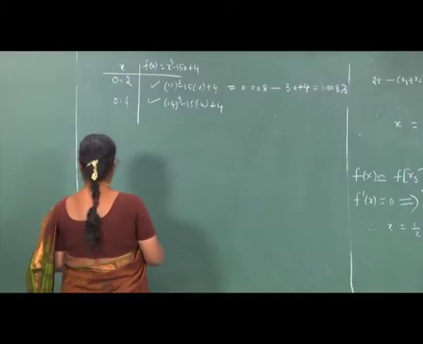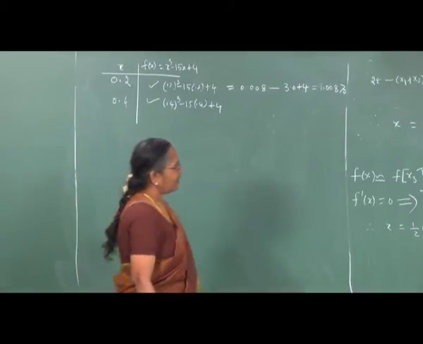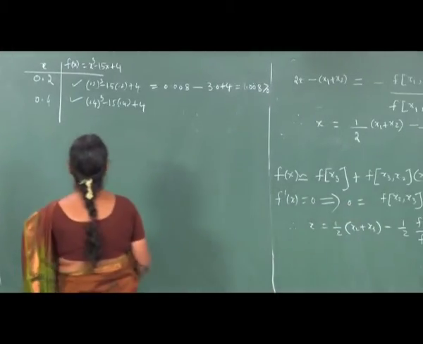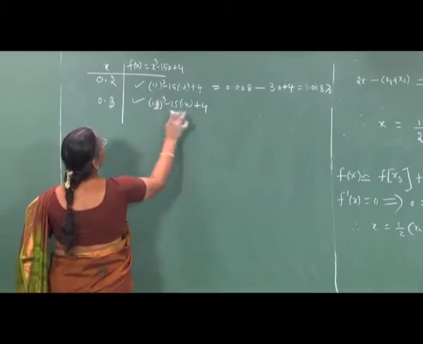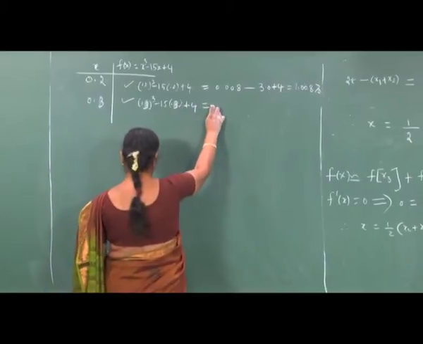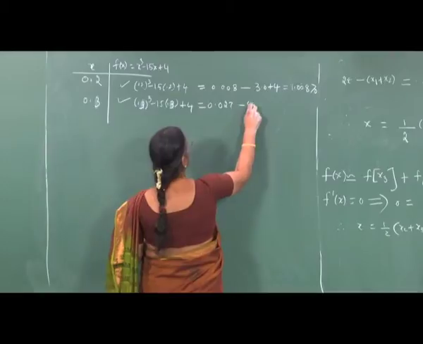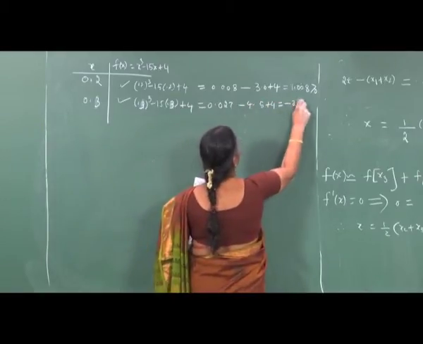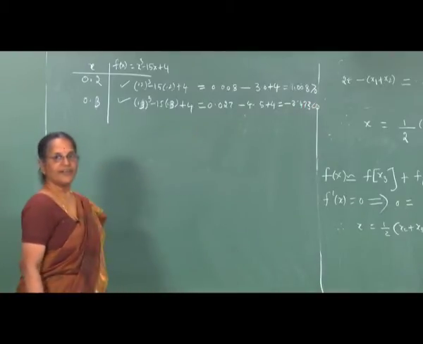Then if I compute the value at 0.4, maybe since it is said that it is close to 0.3, I can even take this to be 0.3 and try. So, 15 into 0.3 plus 4, and the values will be 0.027 minus 4.5 plus 4, and it turns out to be minus 0.473, which is negative. Fine.